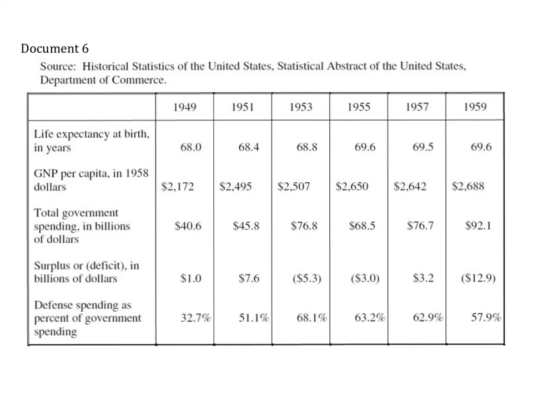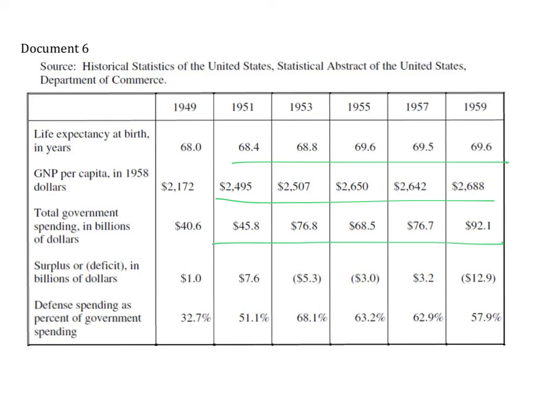Now going back to the documents, document 6 gives you useful data that you can use to support your argument. Notice here on line 1, we have evidence of the baby boom and that the economy is growing. Government spending is rapidly increasing, and this does alarm some conservatives in the 1950s.